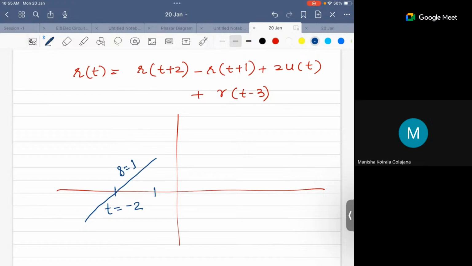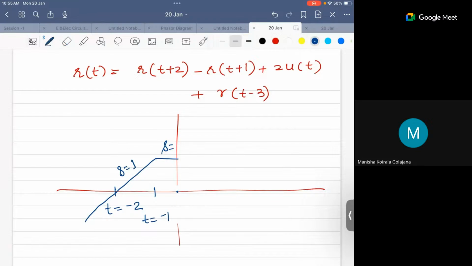Till t equals minus 1. At t equals minus 1, it will lose that slope, right? So it will start having a slope of 1 minus 1, 0. Till which point? Till t equals 0, correct?